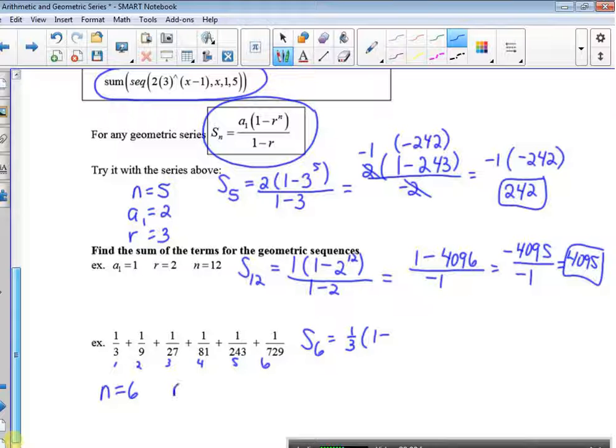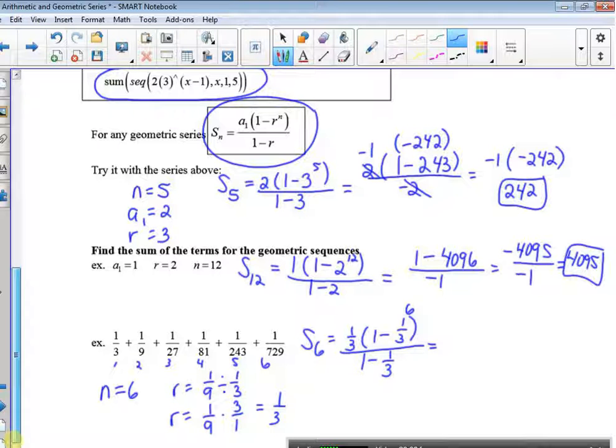Now to find r, I'm going to take the second term divided by the first term, which is the second term times the reciprocal of the first term, which is 1/3. So 1 minus 1/3 to the 6th, all over 1 minus 1/3.